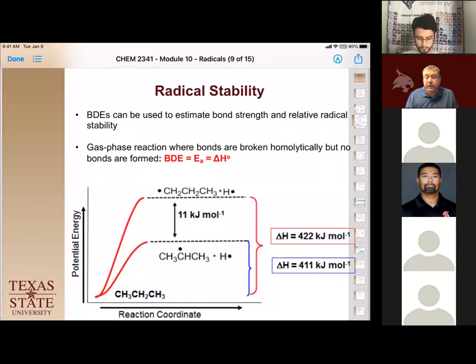So in this case, we're looking at the formation of a primary radical versus the formation of a secondary radical. And we see that the formation of that secondary radical actually takes less energy. Not a lot less energy, but less energy, meaning that secondary radical is more stable.